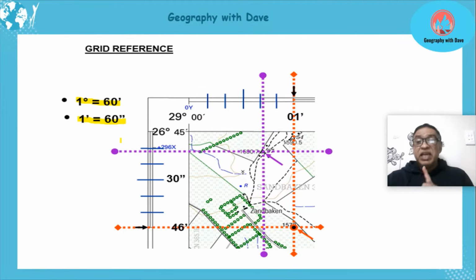Now, there's another area we notice learners mix up: the line of latitude and the line of longitude. Now, you see this 26 degrees, 45 minutes. That's your degree. And this 45 refers to this area here. And then, of course, after that, it's 46.